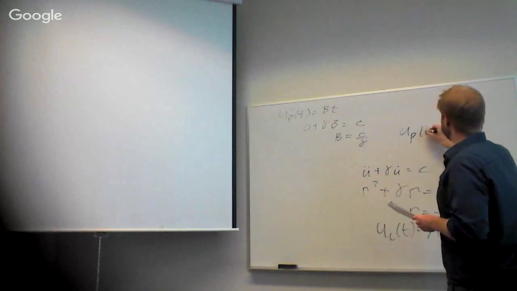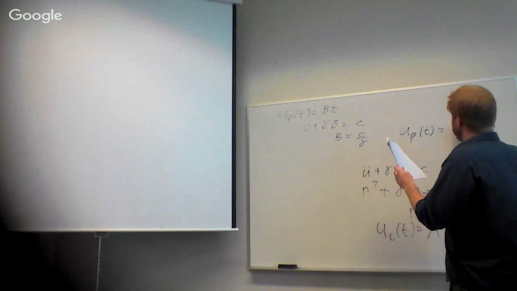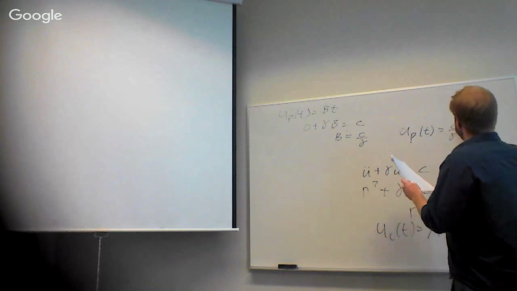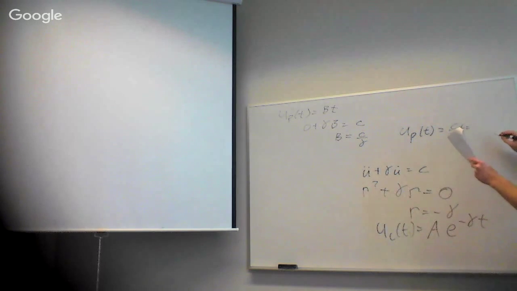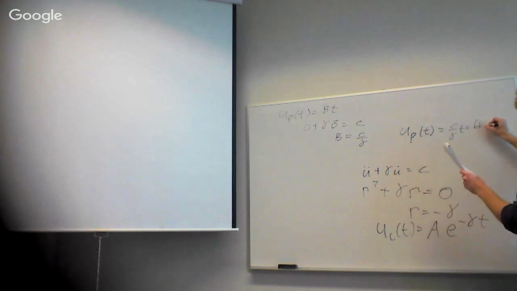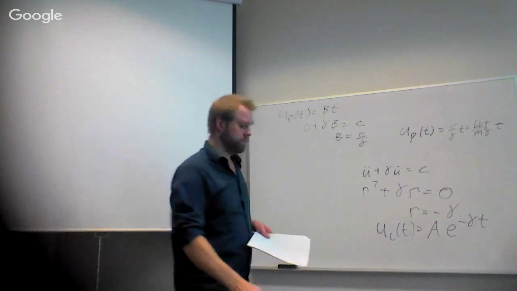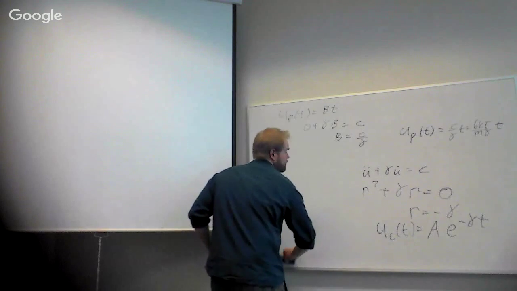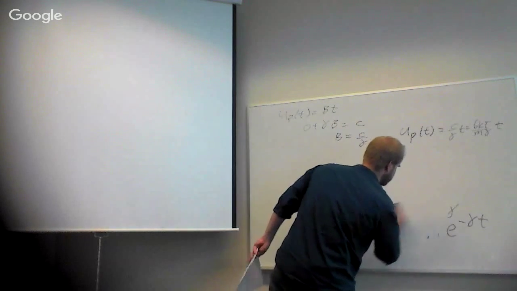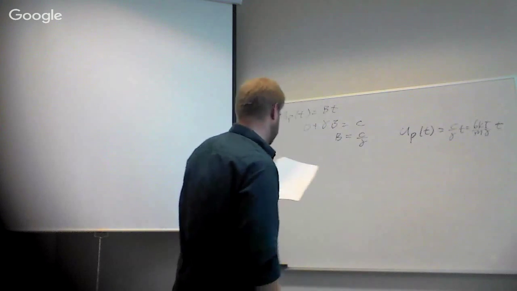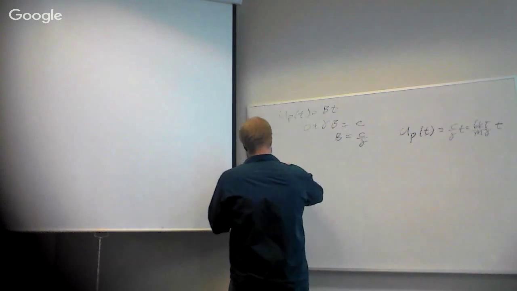Well, our particular solution, u as a function of t, is going to be equal to c over gamma times t. And just for a moment, let's plug in what c is equal to. We get 6 kT over m gamma. Then we add these solutions together.